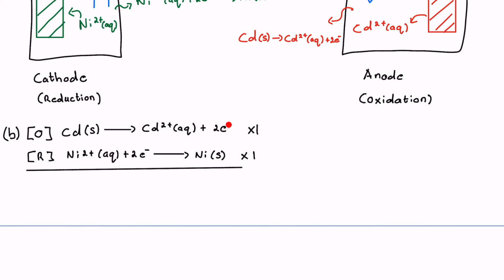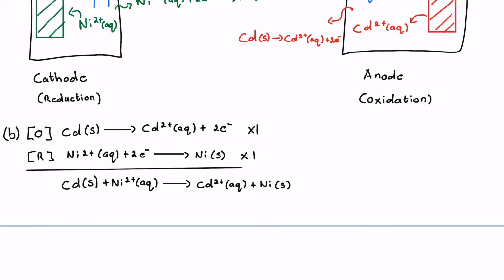So 2 electrons are being transferred, so we don't need to balance them by any factors. So then we end up with cadmium solid plus nickel 2 plus aqueous, and that will produce cadmium 2 plus aqueous plus nickel solid.